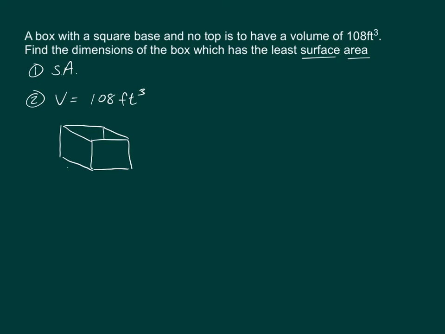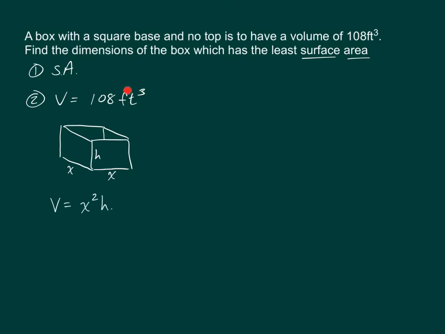So we know this box has a square base, so I'm going to give it some dimensions x. We don't know how long the side of the base is. And we don't know how tall, so I'm going to call the height h. And with this particular box, I also know, this is the first of the equations we are trying to figure out, that the volume equals x squared h.